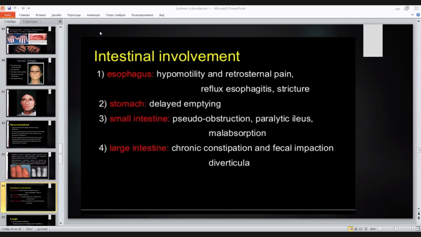Okay, intestinal organs. 1 second. Okay, and about other. 1 second, sorry again, D3.